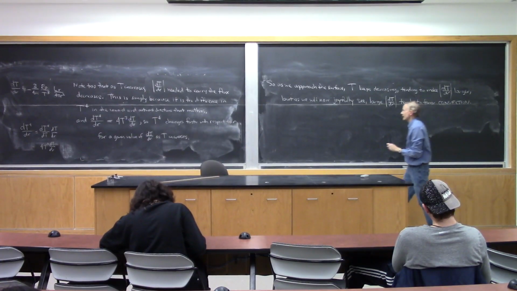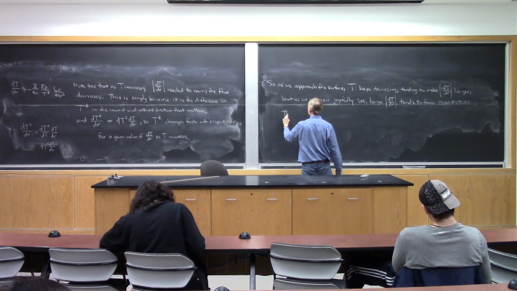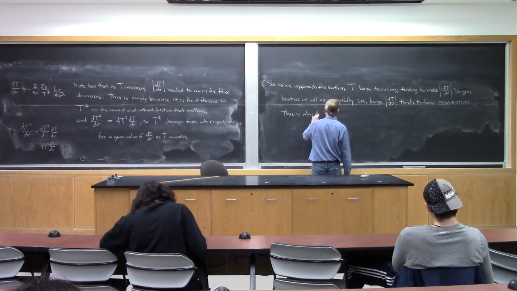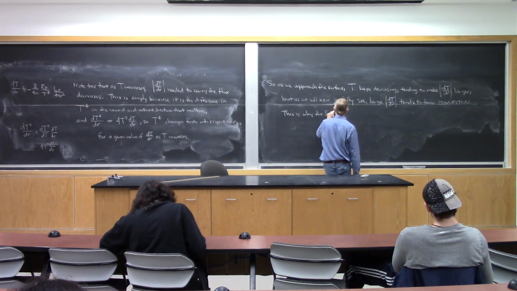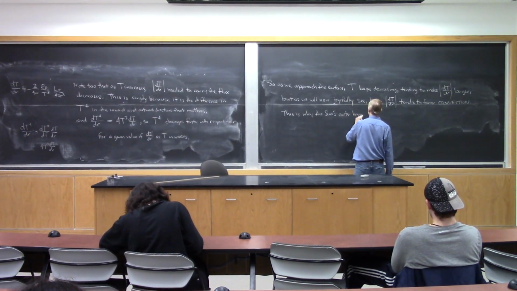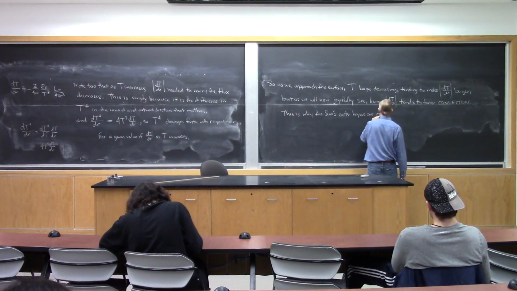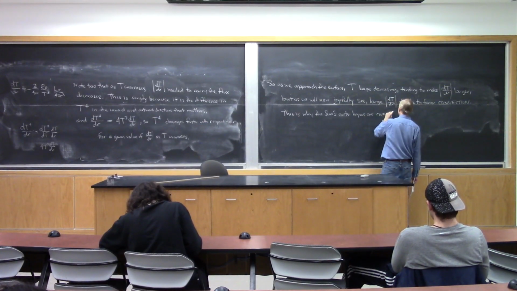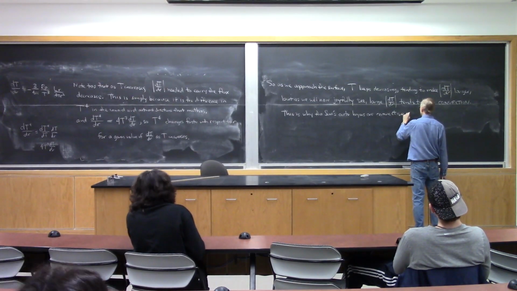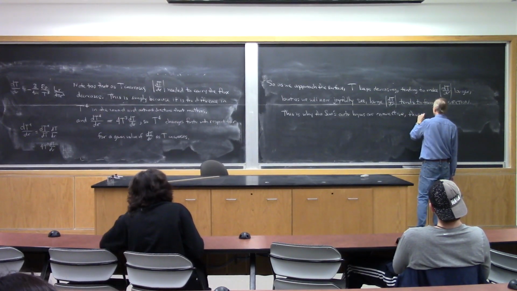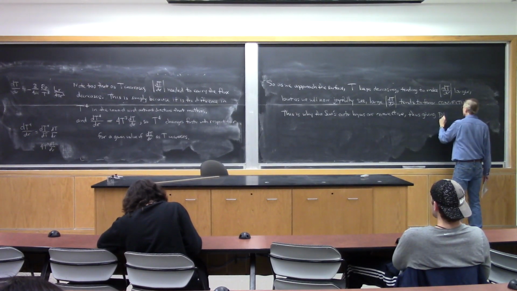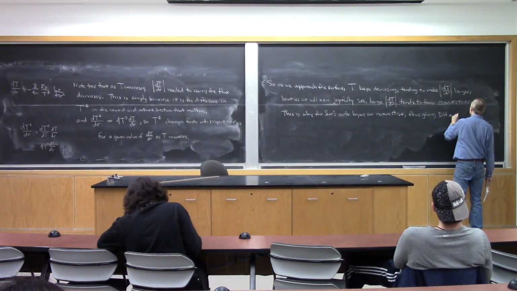This is why the sun's outer layers are convective. Thus giving DH a job.